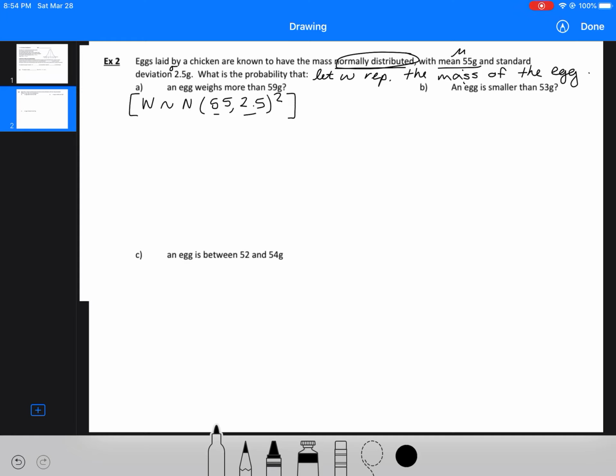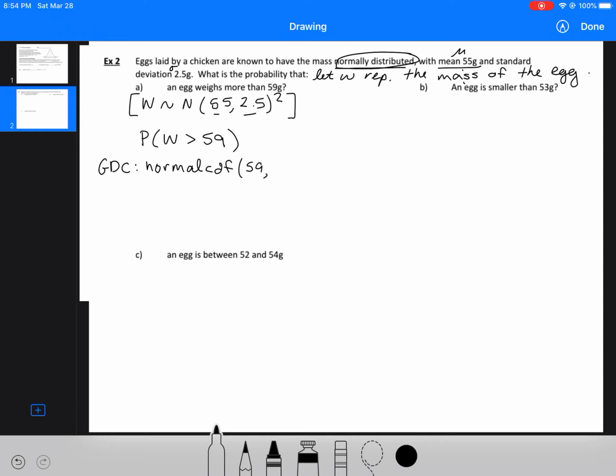So this is, sort of an aside, our normal distribution here, and we're looking for the probability that our mass is greater than 59. On our graphing calculator, we would use normal CDF, and we're looking for greater than.